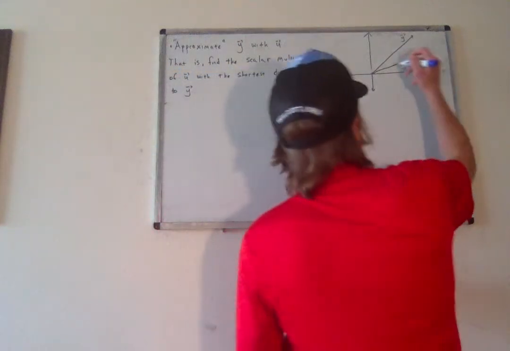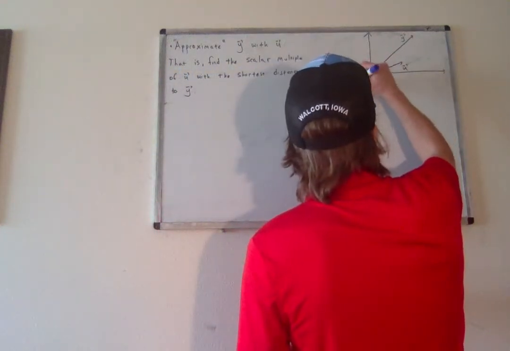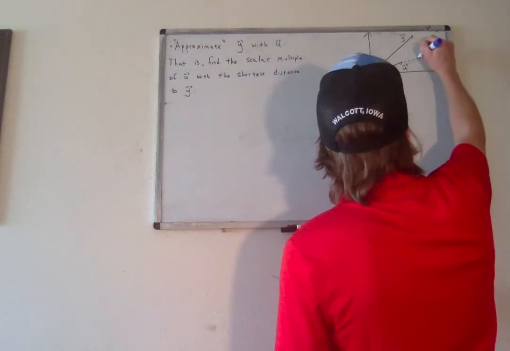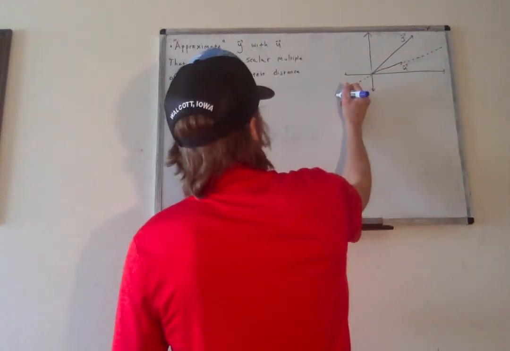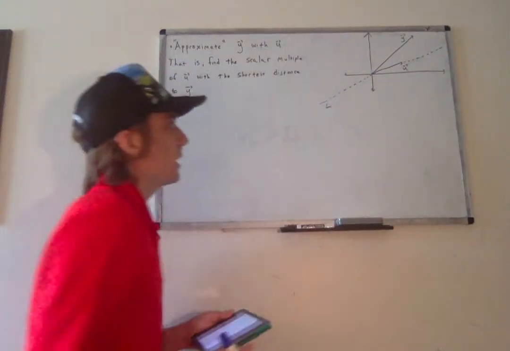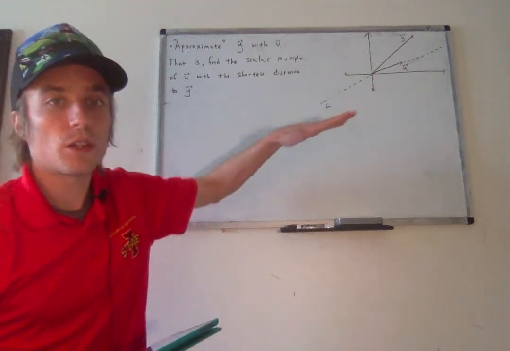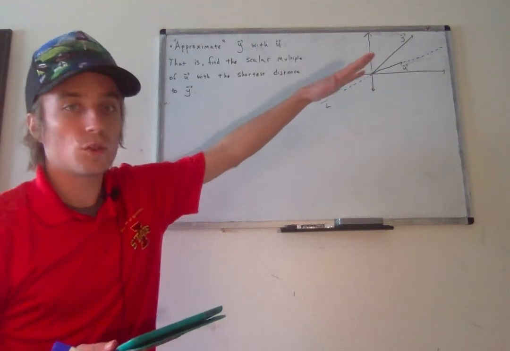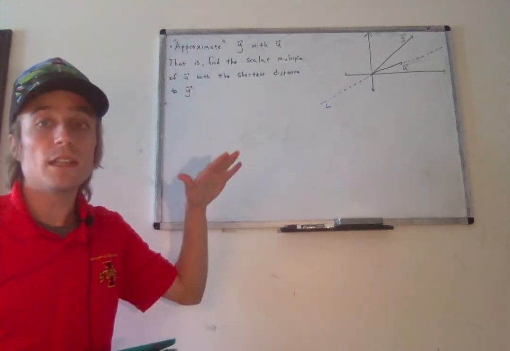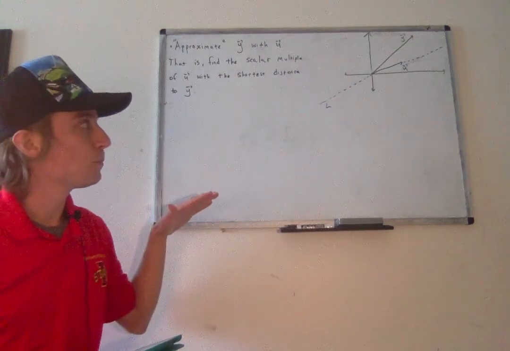Meaning, first off, notice that all of the scalar multiples of u lie on this line L that extends from u. I tried my best to draw it parallel to u, but imagine the infinite line going off in the direction defined by u.